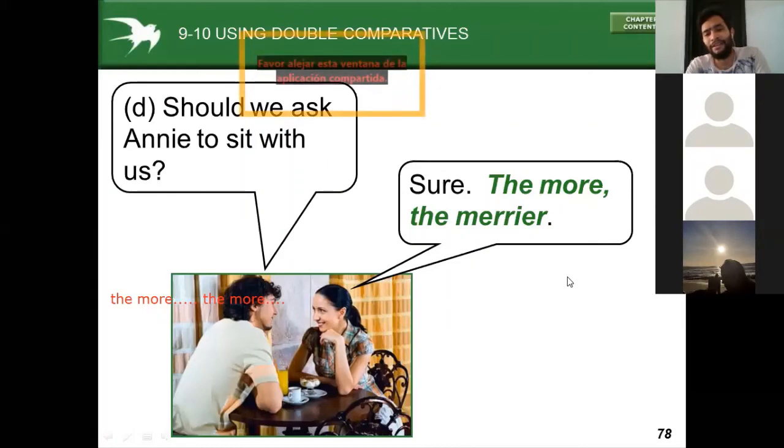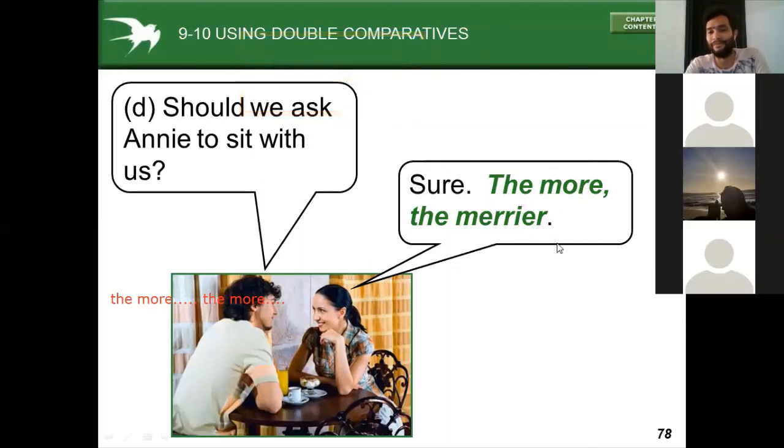¿Qué creen que significa eso allí? Esta es una expresión más que todo, pero sigue esa misma lógica. The more, the merrier. Eso lo que significa es como, aquí volvemos, entre más, mejor.